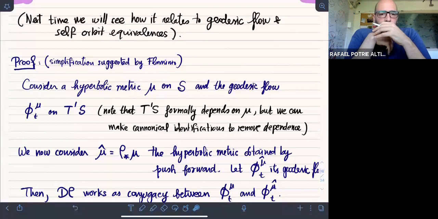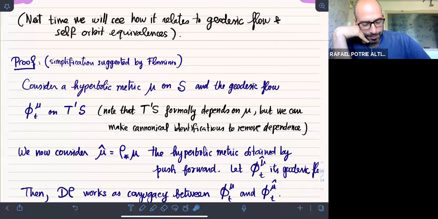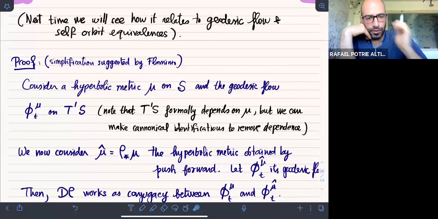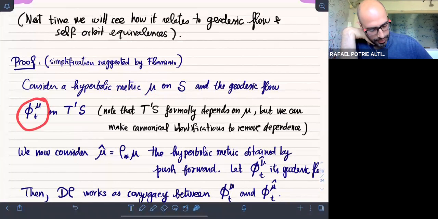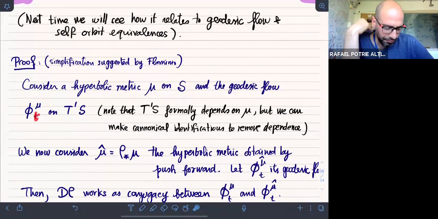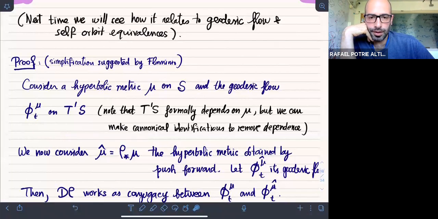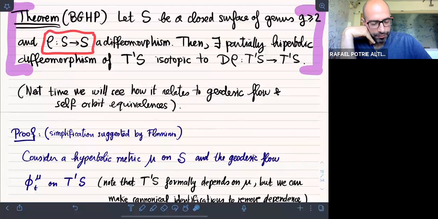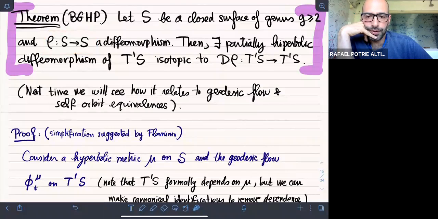So if you take a hyperbolic metric on the surface and its geodesic flow, this is an Anosov flow. In particular, if you take t = 1, this is a partially hyperbolic diffeomorphism. And we have this diffeomorphism of the surface, rho.